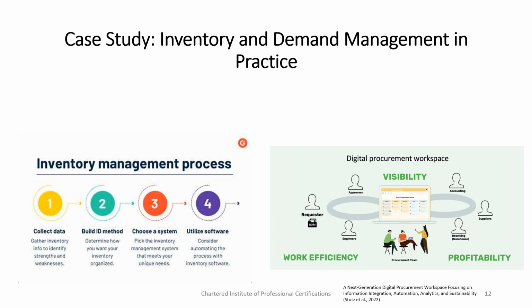Now, this case study illustrates how IBM has successfully implemented a next-generation procurement workspace that promotes resilience and sustainability. Also, it highlights the importance of integrating information, leveraging automation tools, and using analytical techniques in managing inventory and demand.